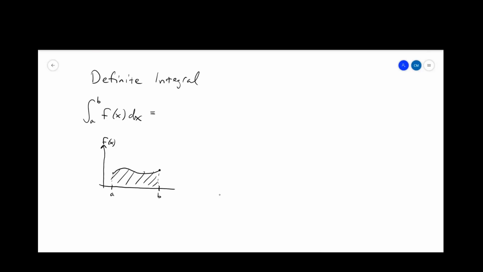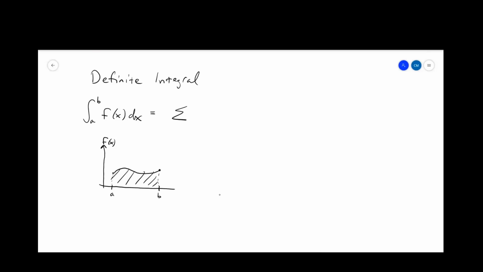What if some of the function is below the x-axis? Well, if it is, then it's not going to tell us the area anymore. Some of it is going to be negative, and so any negative portion is going to subtract from any of the positive parts, so it won't be an area at that point. However, if the function is entirely above the x-axis, then yes, it is going to give us the area.